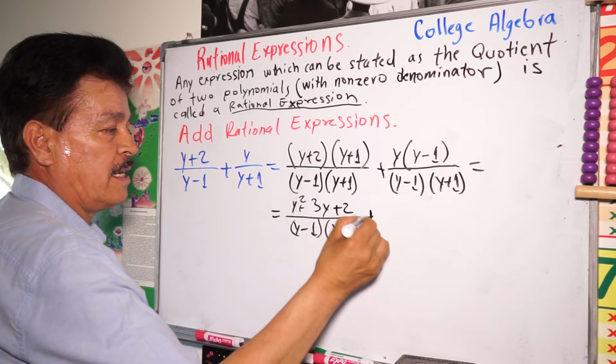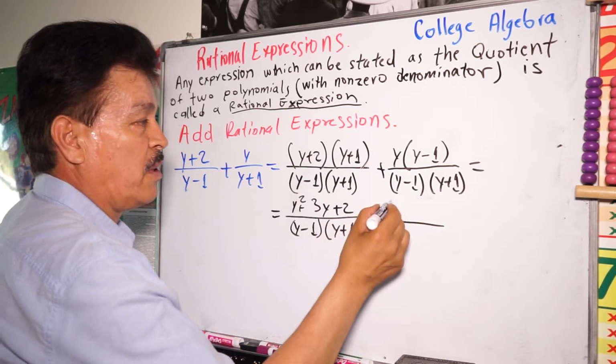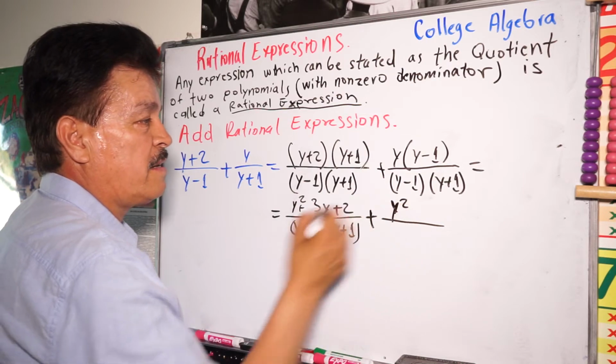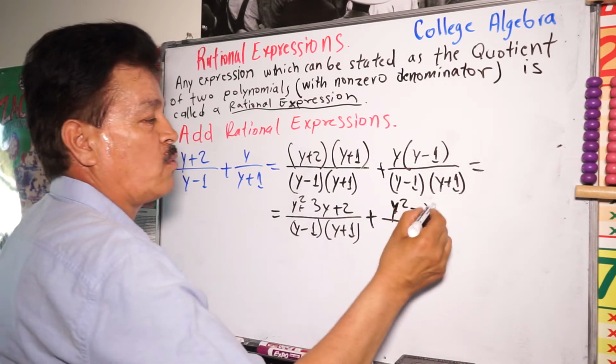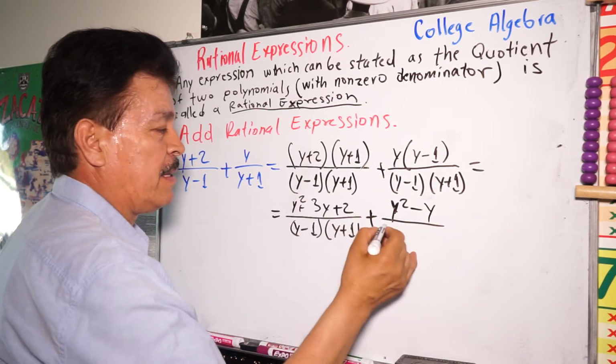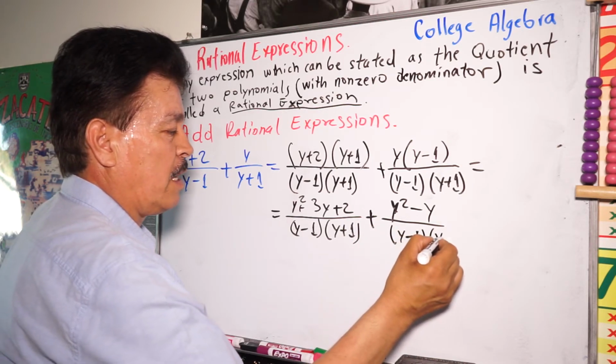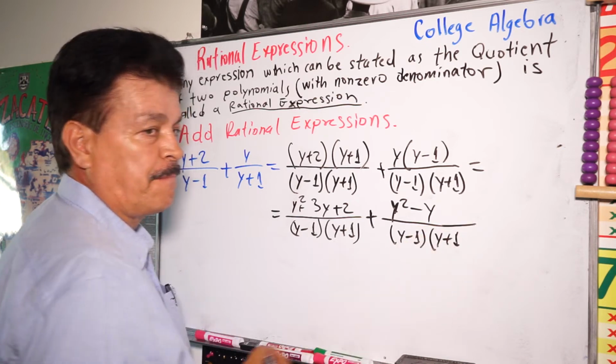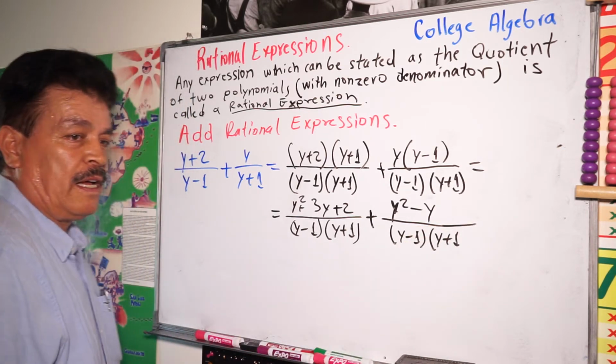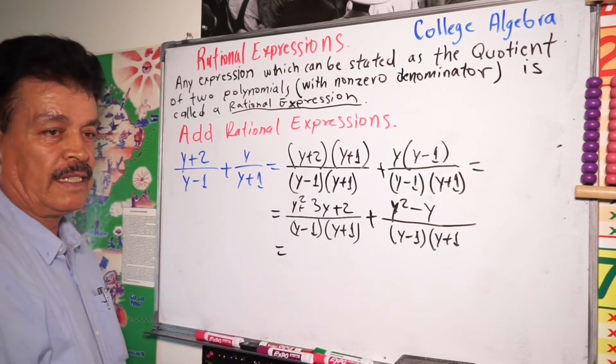So plus the other side, we are going to have y squared minus y divided by the same, y minus 1 times y plus 1. All right, simplify. Next step.